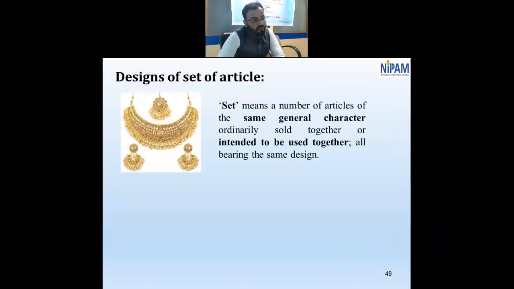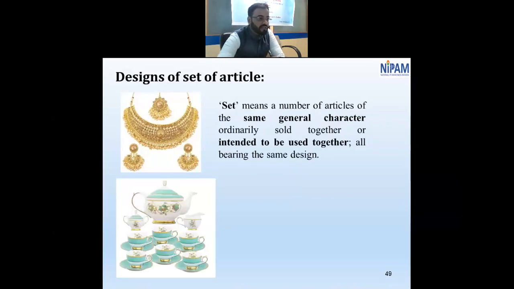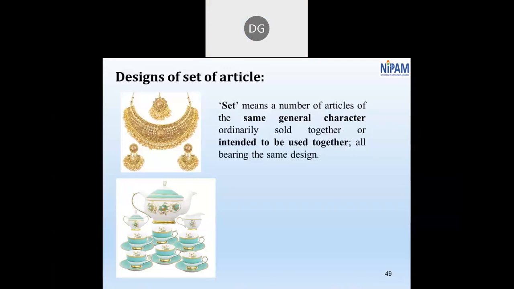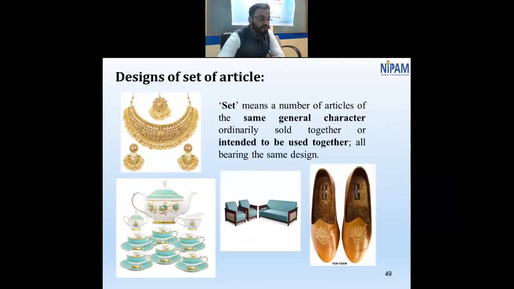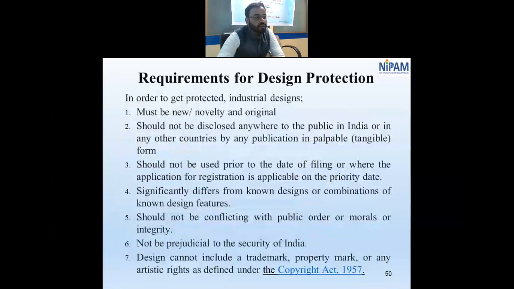Even a set of articles would qualify to come under design registration. So a jewelry set, which consists of 3 or 4 different articles. A crockery set I've already mentioned. A sofa set or a pair of slippers.